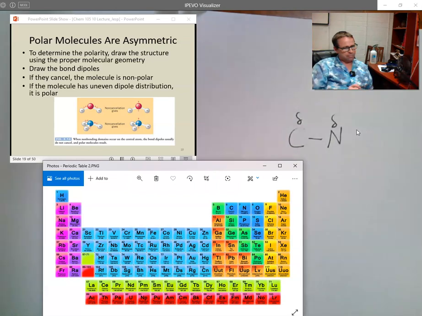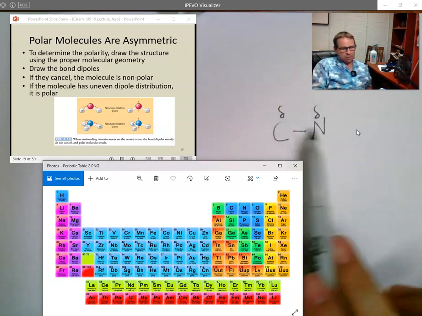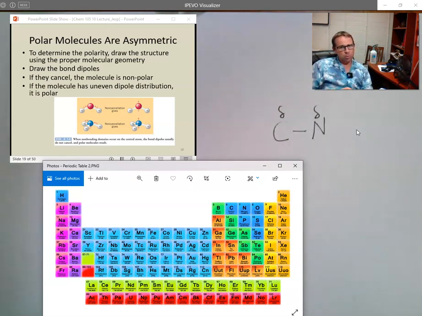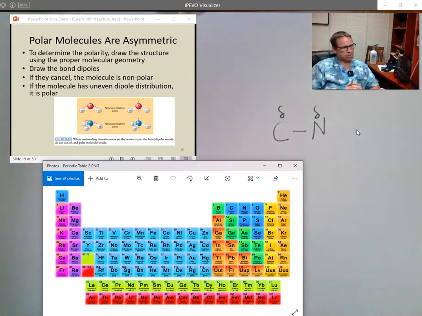I don't understand the question. So when we say a polar bond, what that term polar means is that the electron density is pulled towards one of the atoms more. Where is the electron density pulled toward in this bond? Towards the carbon, or is it pulled towards the nitrogen?